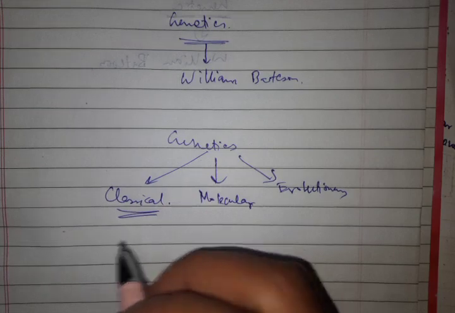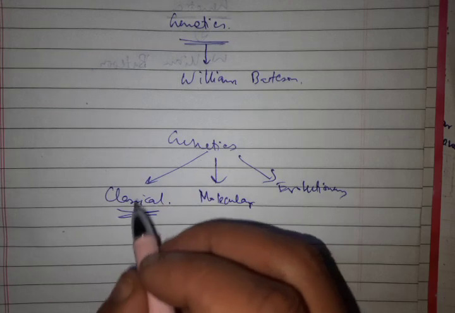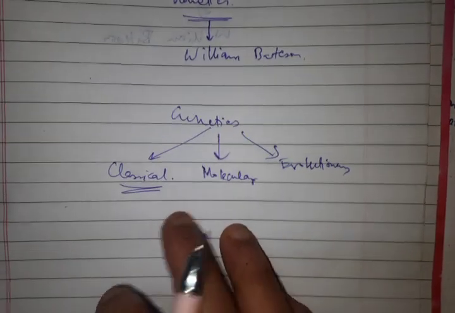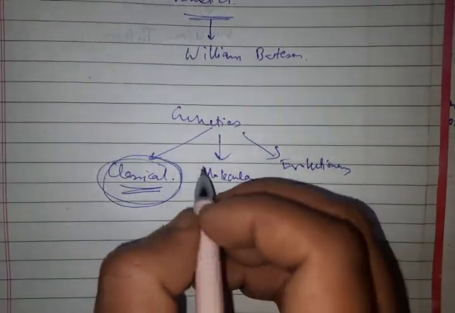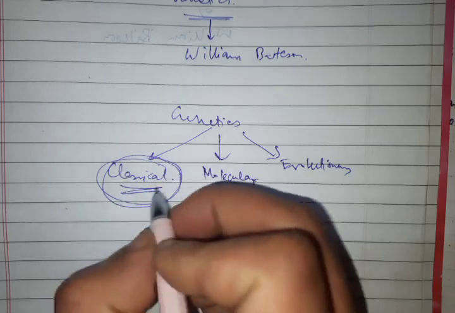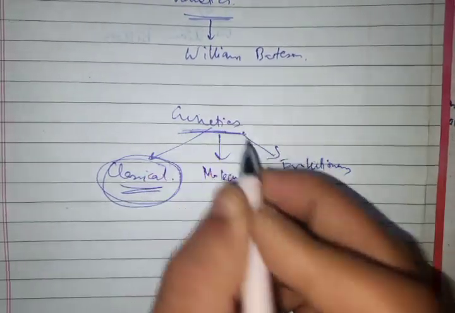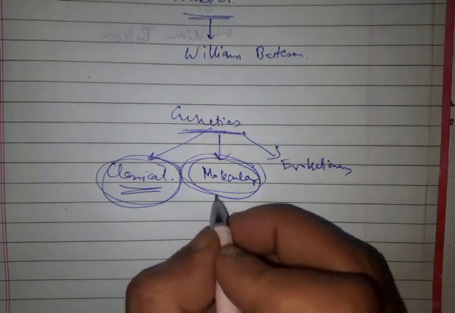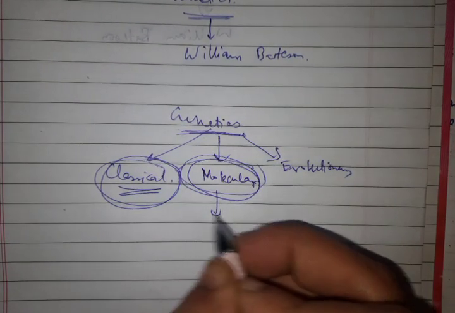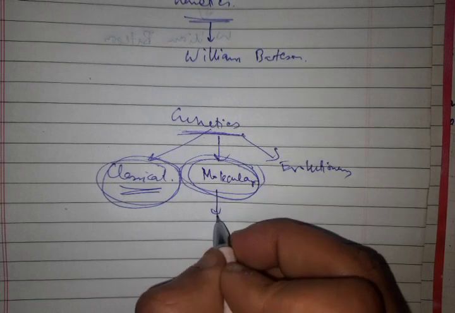Classical genetics deals with Mendelism and the different types of inheritance, for example in different generations. Classically, this is what was done at first when genetics was being studied. Then came molecular genetics, where the molecular basis of inheritance is studied.